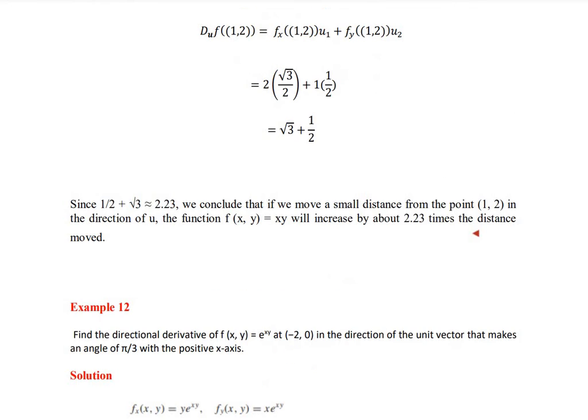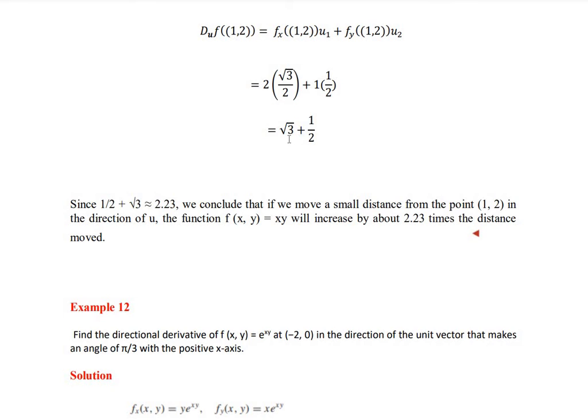Therefore the directional derivative of f at (1, 2) in the direction of u equals fx at (1, 2) times u1 plus the partial derivative of f with respect to y at (1, 2) times u2.